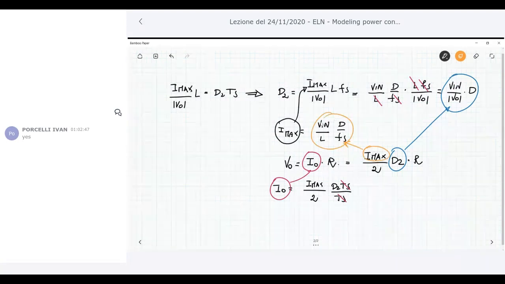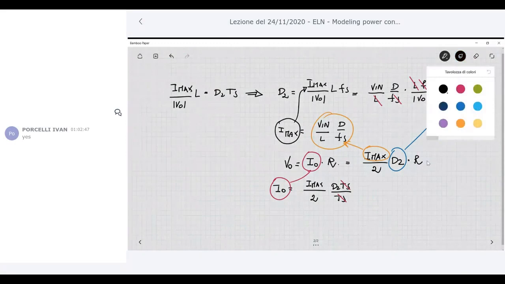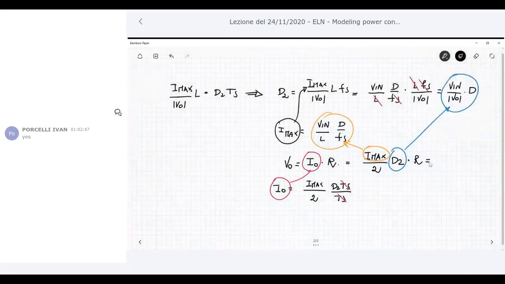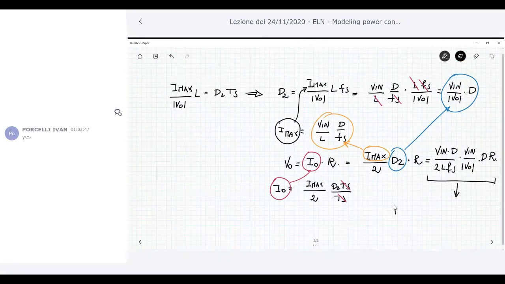Okay, so now I am in the position to replace all these quantities. V in d over 2L Fs multiplied V in over V naught multiplied D multiplied R. Okay, so let me now rewrite here V naught.